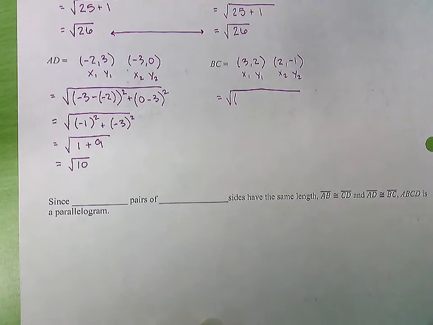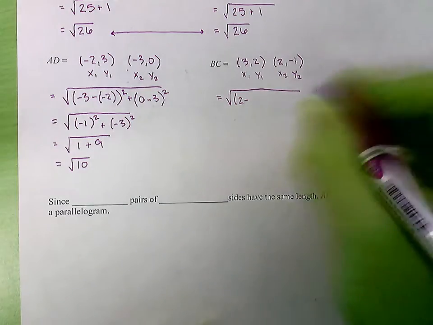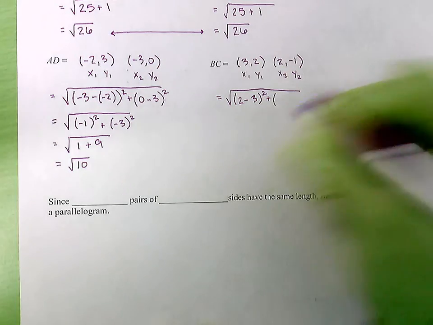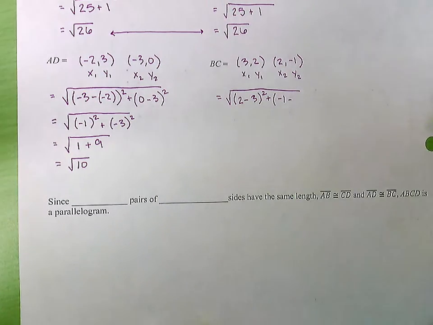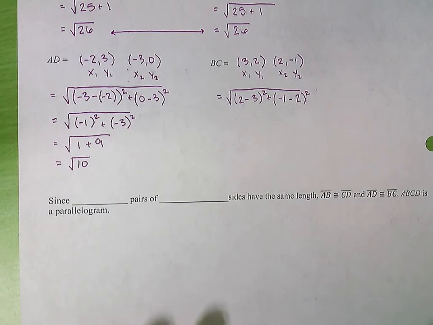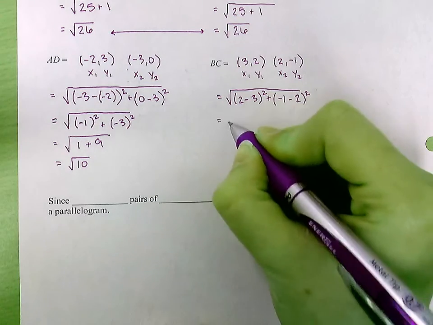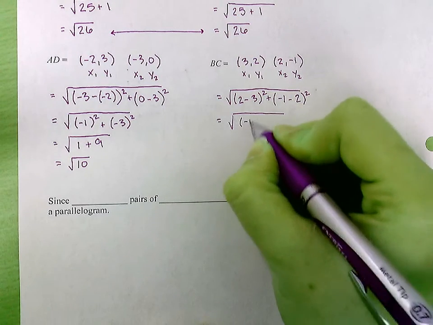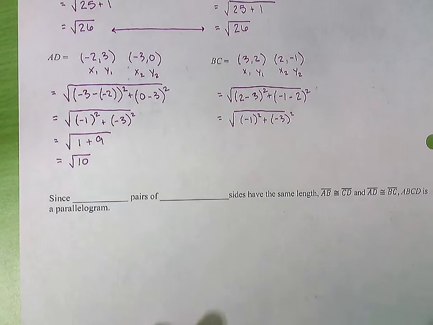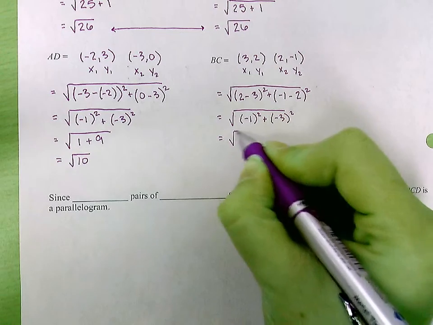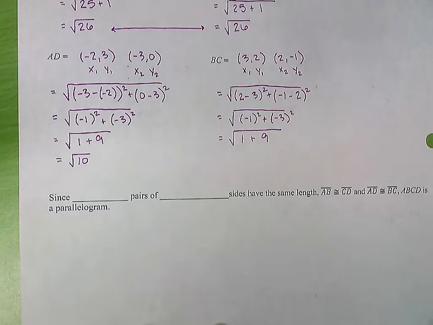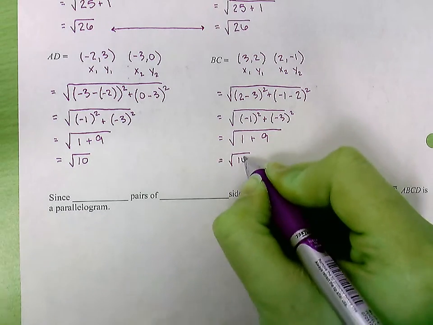So we have the square root of x sub 2 is 2, minus x sub 1 is 3, squared, plus y sub 2 is -1, minus y sub 1 is 2, squared. So I have the square root of -1 squared plus -3 squared. Square both of those terms, so I have 1 plus 9, which is equal to the square root of 10.